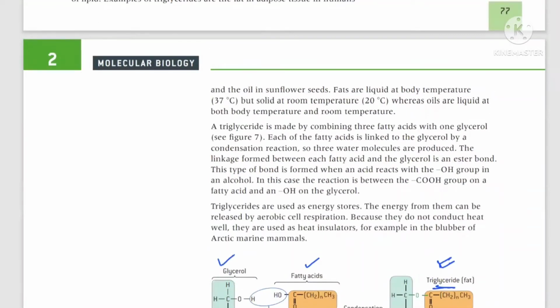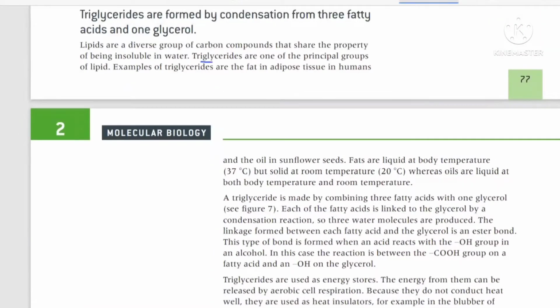Triglyceride is one group of lipids, and examples are fat in adipose tissue in humans and oil in sunflower. Please remember, fat is liquid at body temperature, which means 37 degrees, but fat is solid at room temperature, and ideal room temperature is 20 degrees. But oil remains liquid at both body temperature and room temperature.